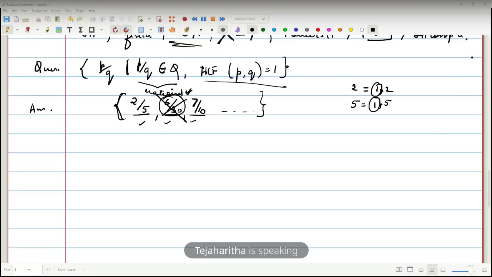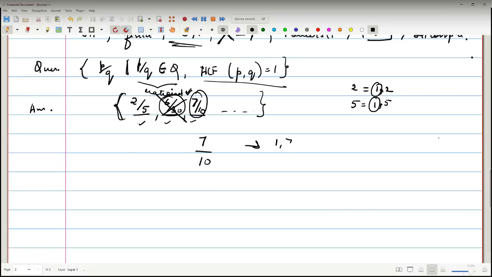Let Rohit speak, please. 7 by 10: the factors of 7 are 1 and 7, and the factors of 10 are 1, 2, 5 and 10. So the only common factor is 1, right? Got it. So we can include this in this set.